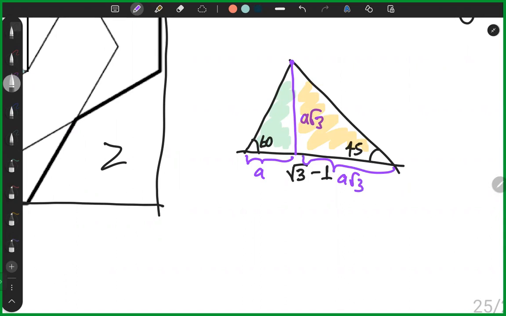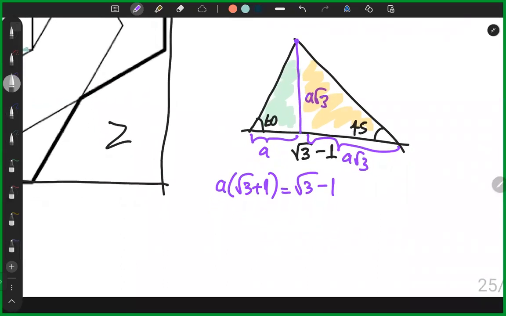So when we write down the base in two ways, I can find A. The base is A(√3 + 1) = √3 - 1. Let's multiply both sides by √3 - 1 and use difference of squares to get 2A = (√3 - 1) squared, and this is 4 - 2√3. So A is 2 - √3.